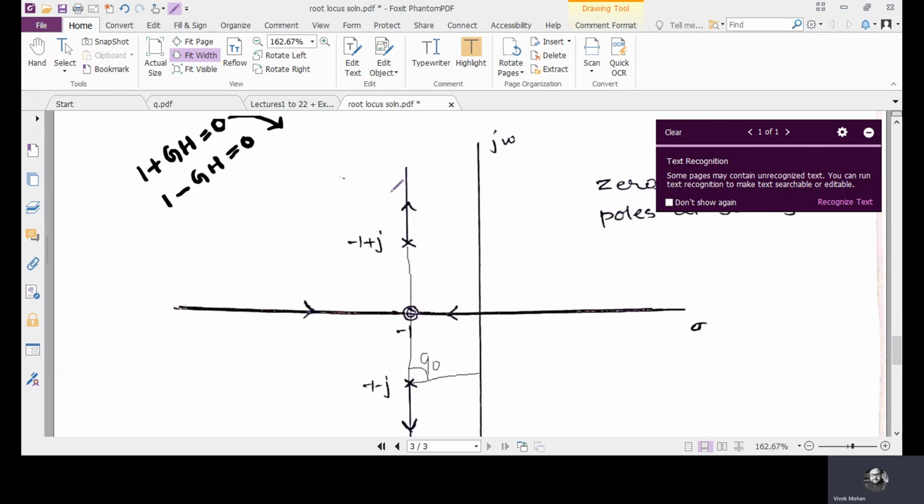So this is basically the angle contributed by the other pole. Only one pole is there other than this minus 1 plus j. Now we draw the line segment to the zero. Here 2 zeros are there, so the total contribution from the zeros is 180 degrees.